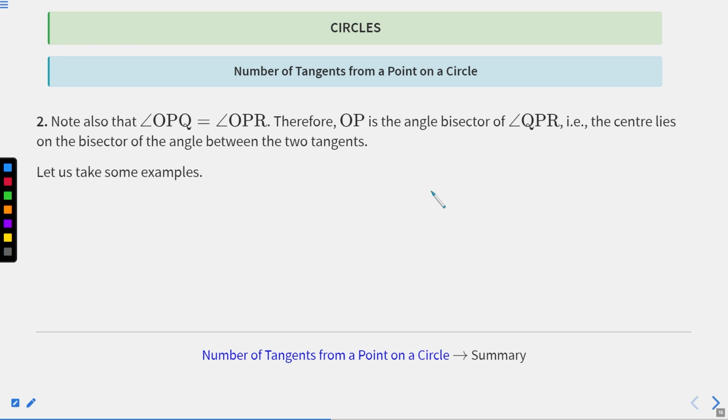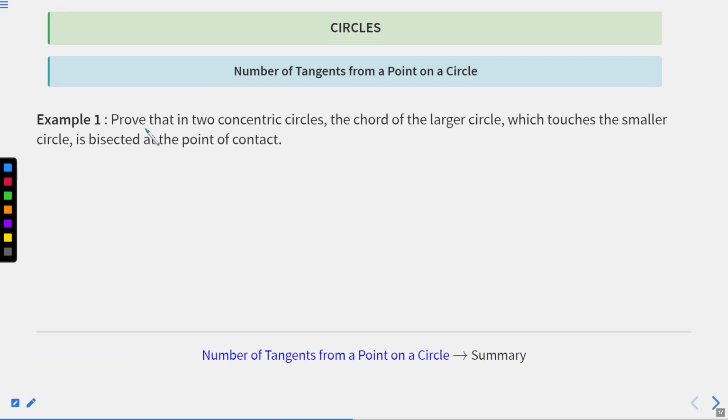So here we'll basically take some examples. Let us explore some examples. In example 1, we have to prove that in two concentric circles, the chord of the larger circle which touches the smaller circle is bisected at the point of contact.